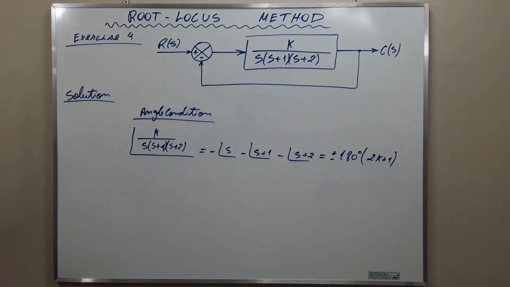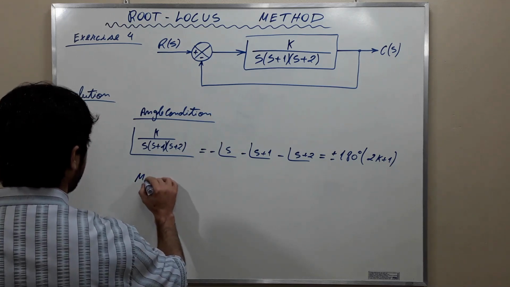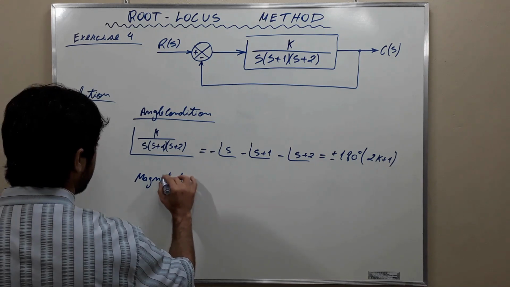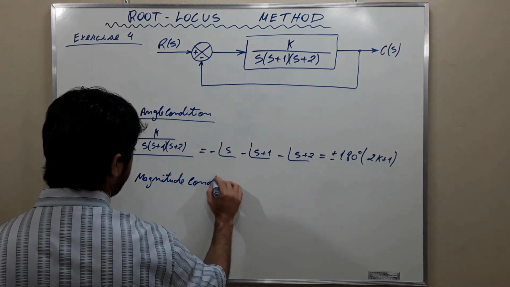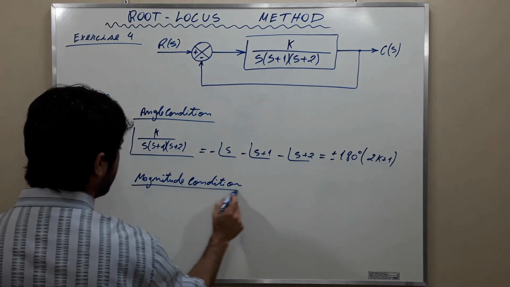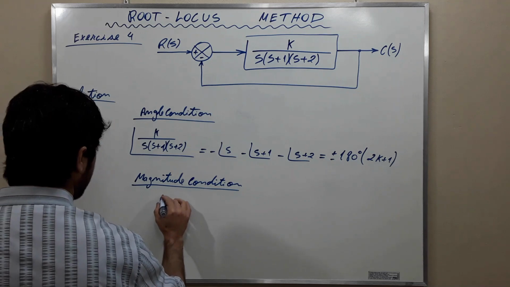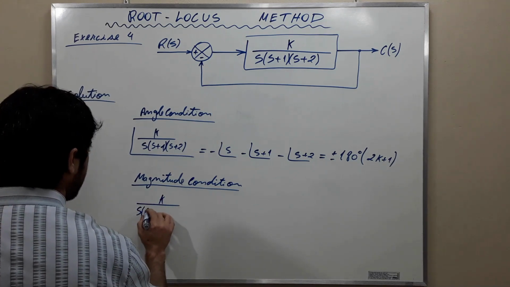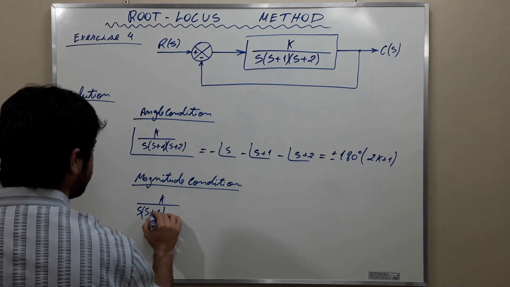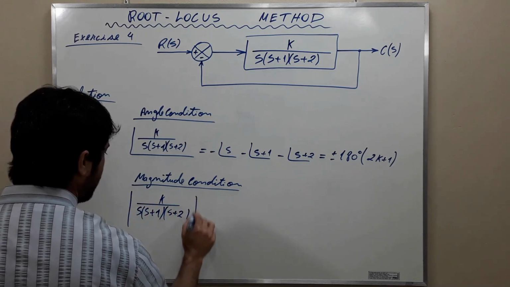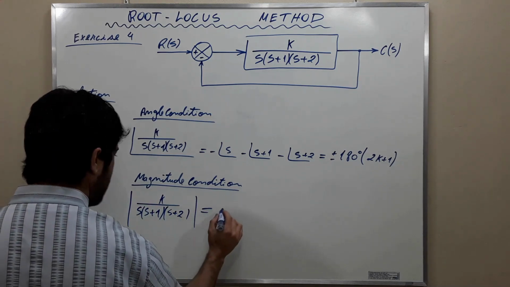Now let's go to the magnitude condition. The magnitude condition is that the magnitude of k over s, s plus 1, s plus 2, the magnitude of this has to be equal to 1.